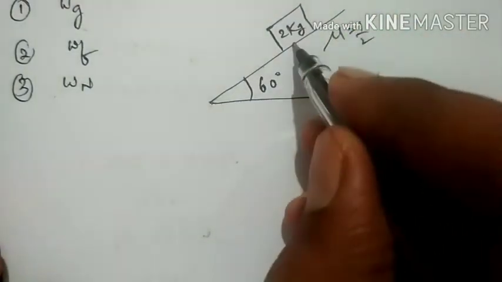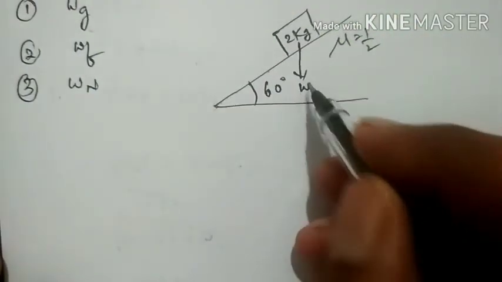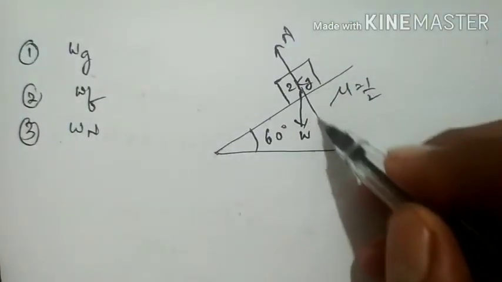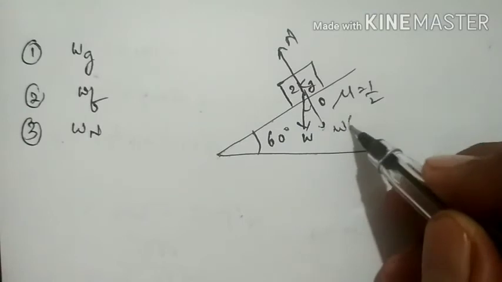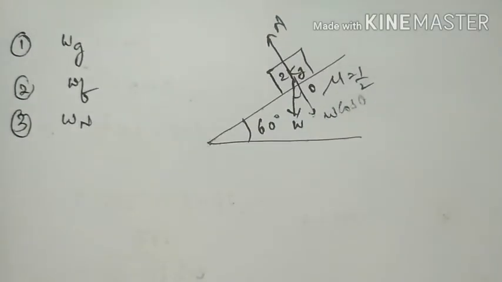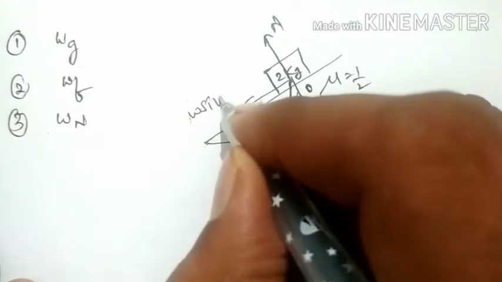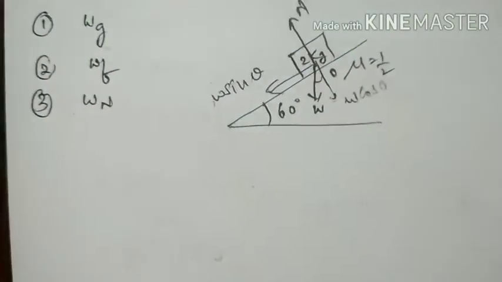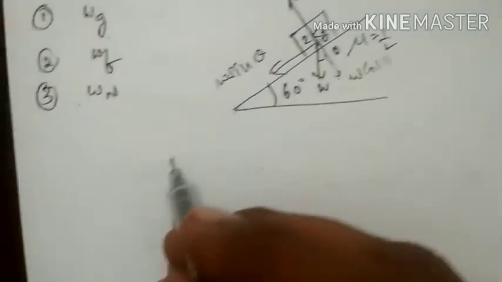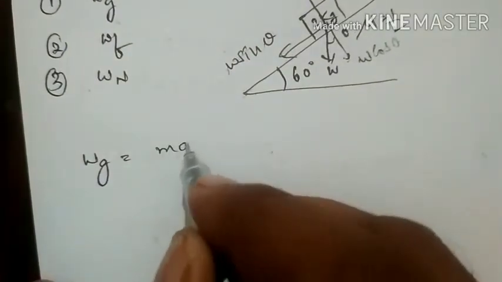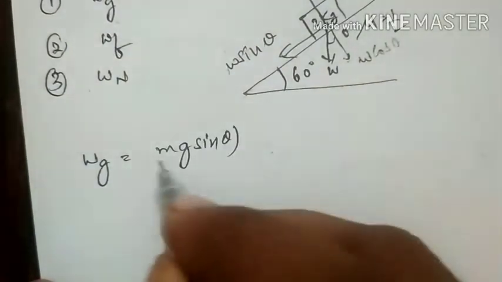For the normal force, first of all you resolve the weight into components. This is the normal force, this is theta, w cos theta, and this one is w sin theta. First of all, work done by gravity is equal to mg sin theta into s.